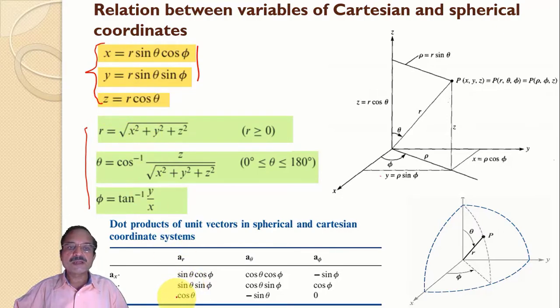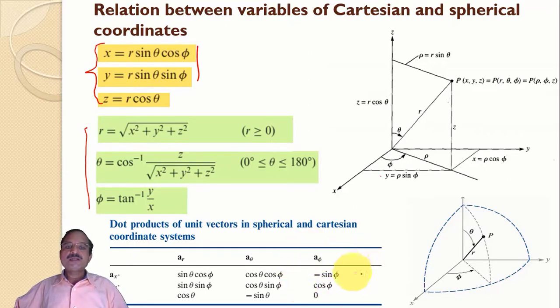In the same manner, we can write ax dot a theta as cos theta cos phi, ay dot a theta as cos theta sin phi, and az dot a theta as minus sin theta. Similarly, ax dot a phi is minus sin phi, ay dot a phi is cos phi, and az dot a phi is 0 because the two are in perpendicular directions.